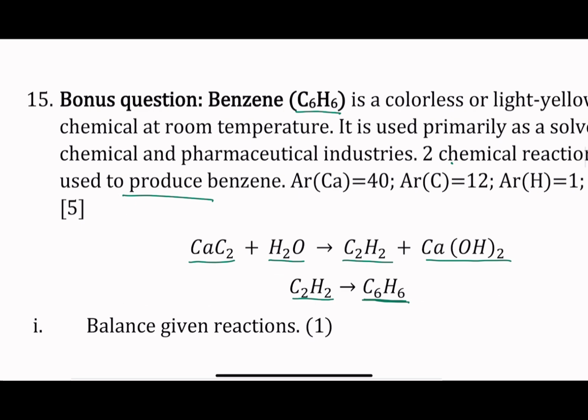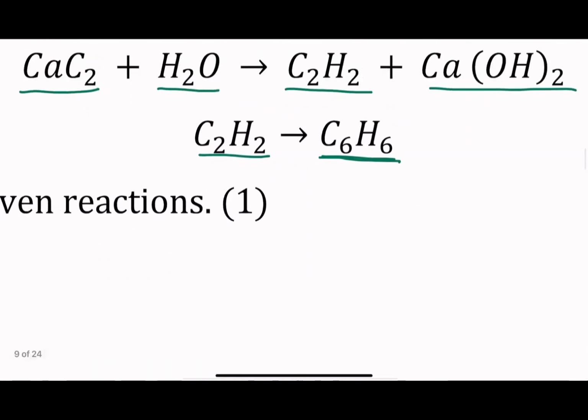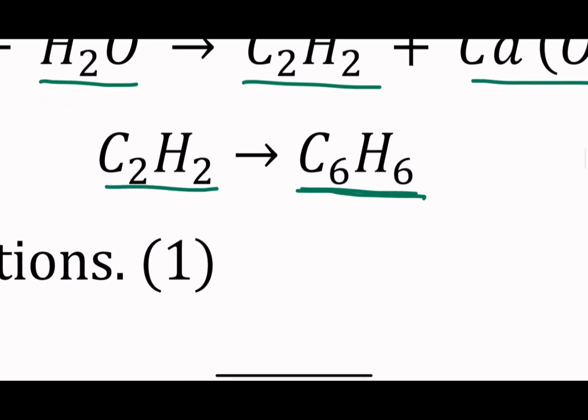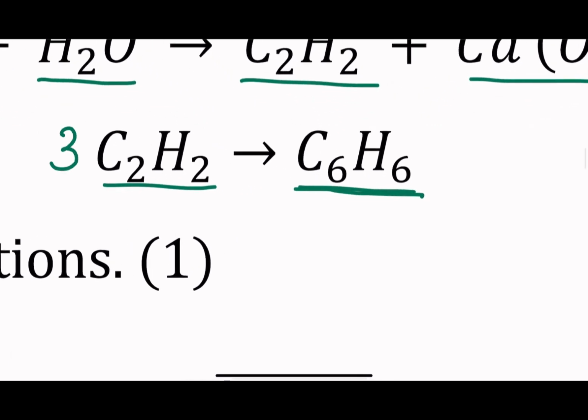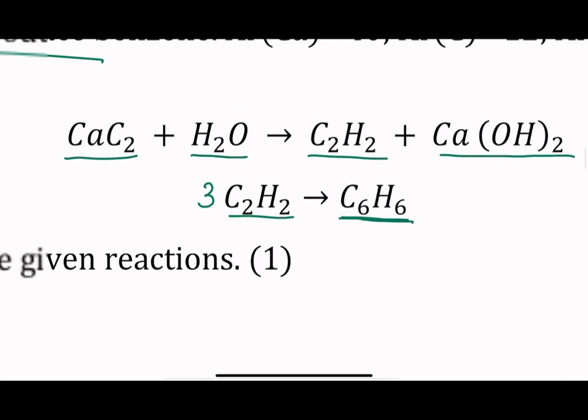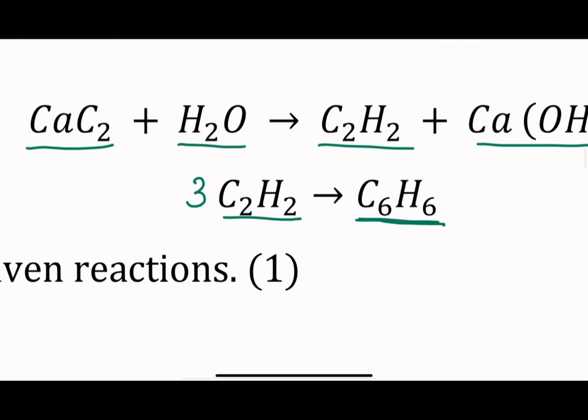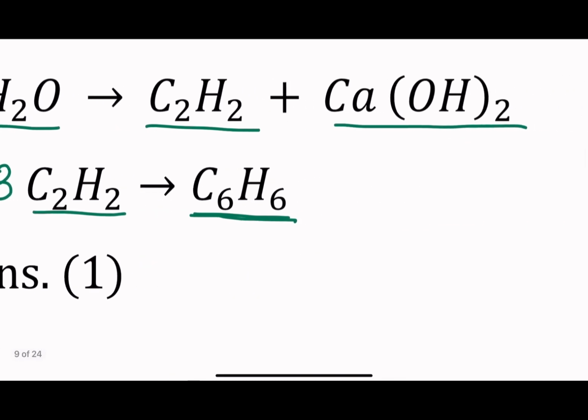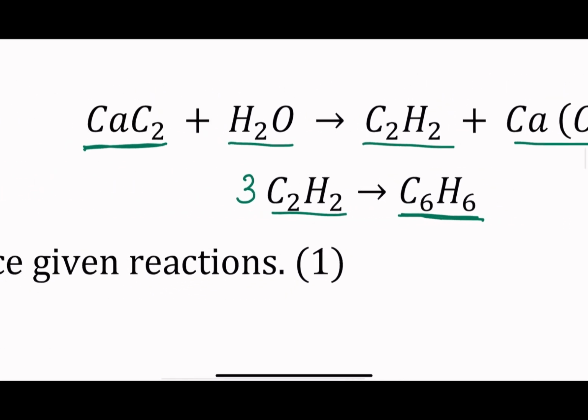So now it is asking you to balance the given reactions. It is super easy. Let's start from the bottom. You've got C6H6, so if you multiply this by 3, everything is good. And then for this one, you have calcium carbide. You got calcium 1 and then calcium 1. You're good.